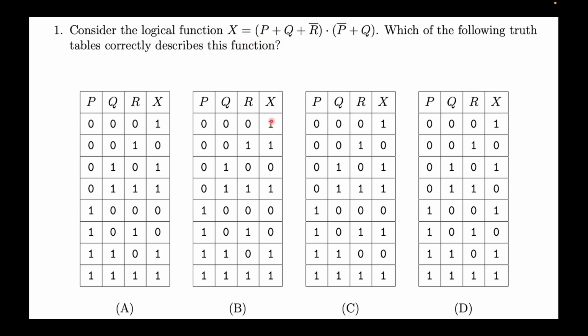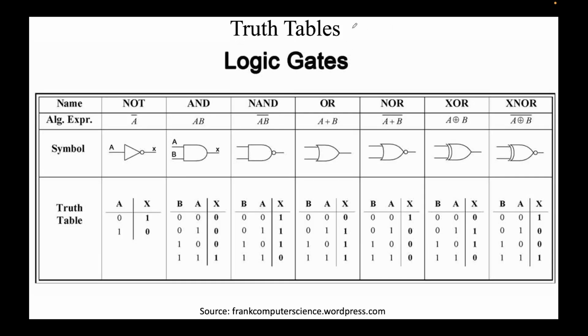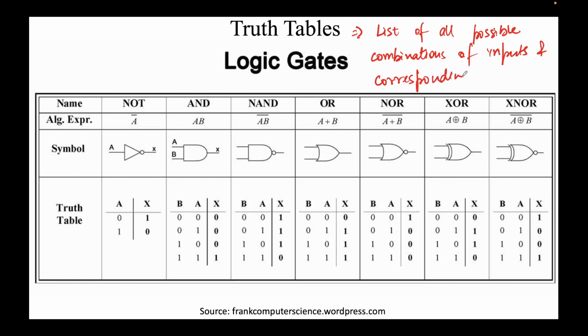So what do we mean by truth table? Let's just quickly get into that. A truth table, to put it very bluntly, is nothing but, I should say it like this, a list of all possible combinations of inputs and corresponding outputs.